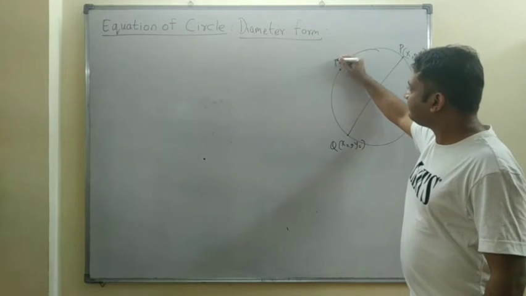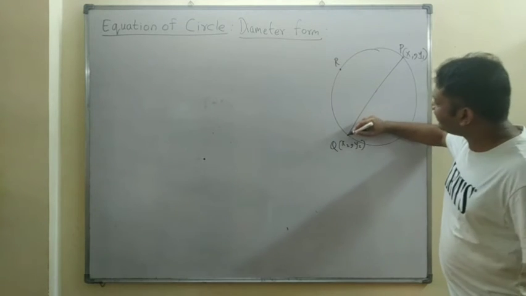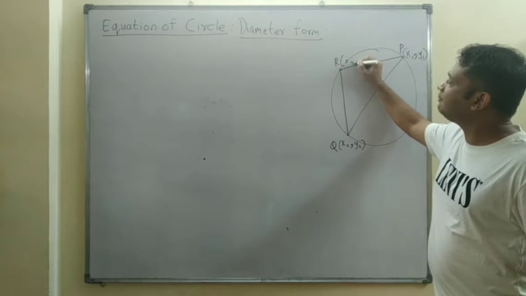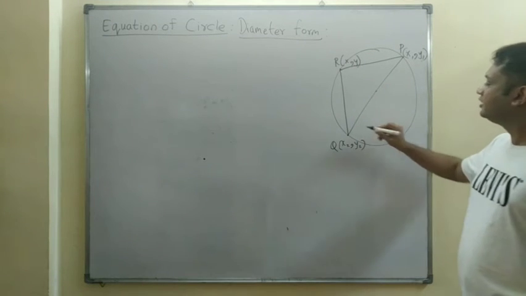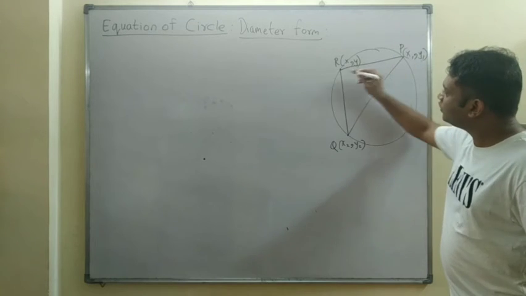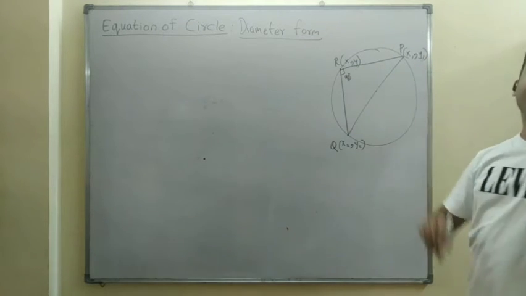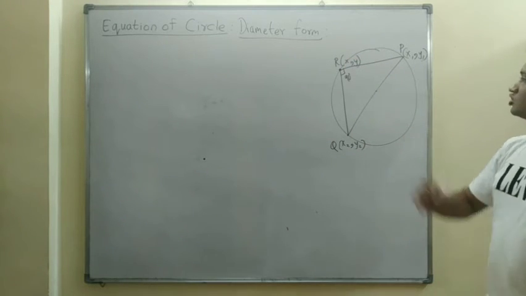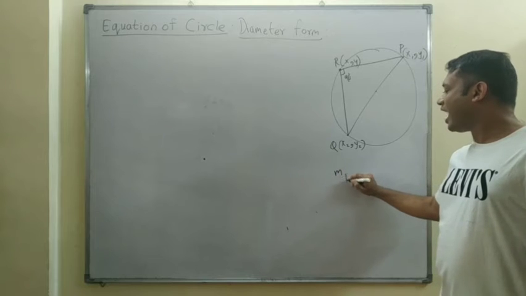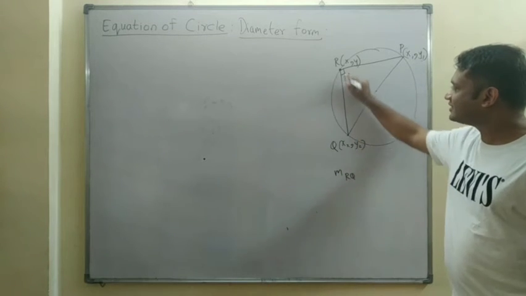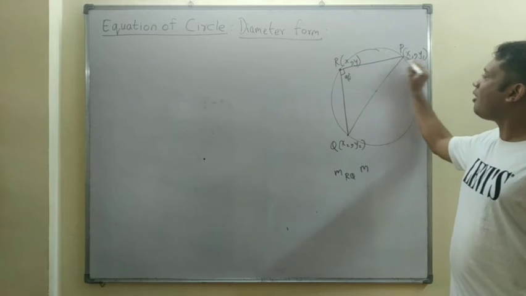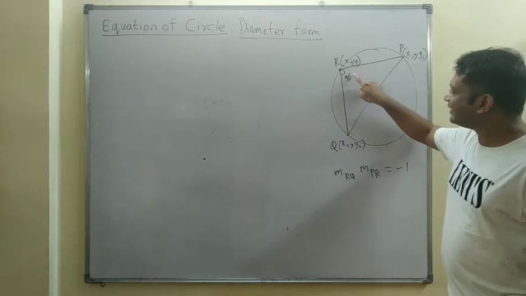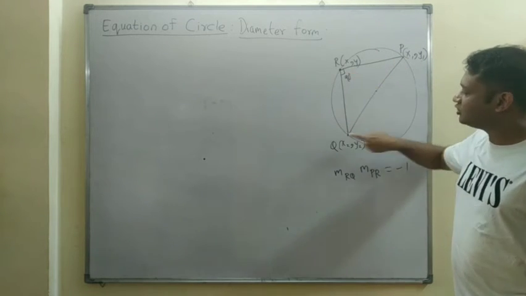We know a diameter subtends a right angle at any point on the circle. So let us consider R as any point on the circle with coordinates (x, y). This diameter PQ subtends a right angle at R. So the slope of RQ times the slope of PR equals −1, because angle PRQ is a right angle.